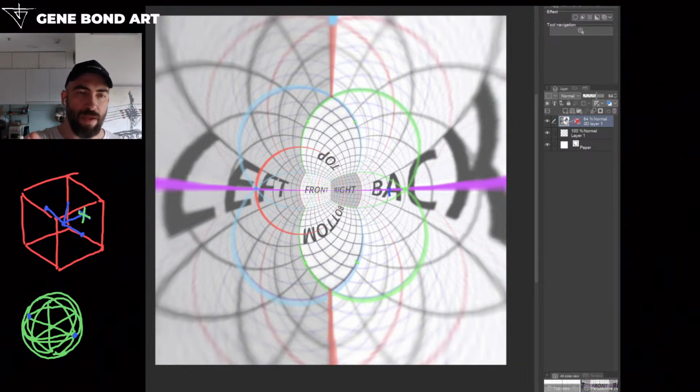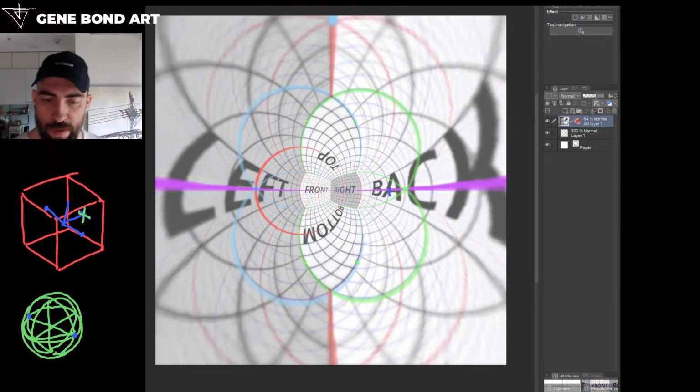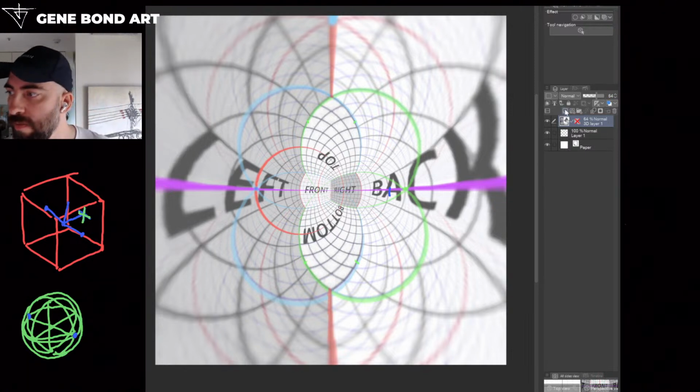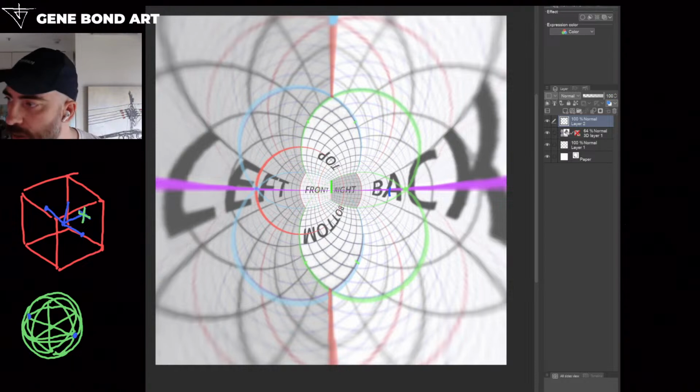The whole trick here is the edge of this cube of a room.